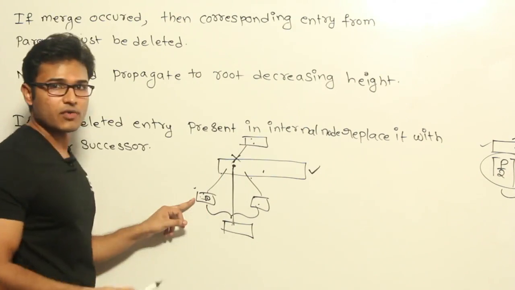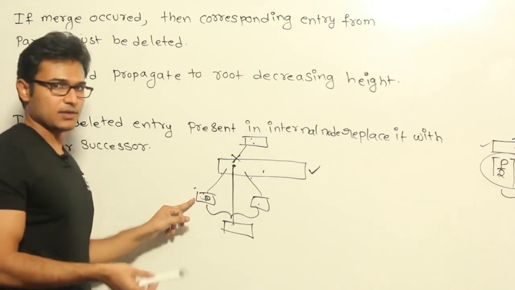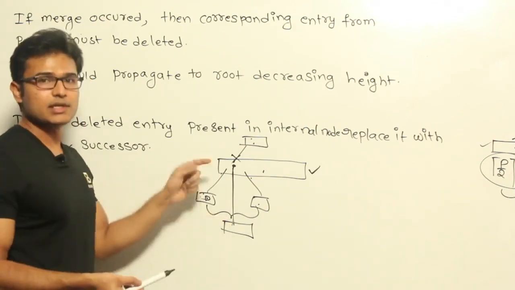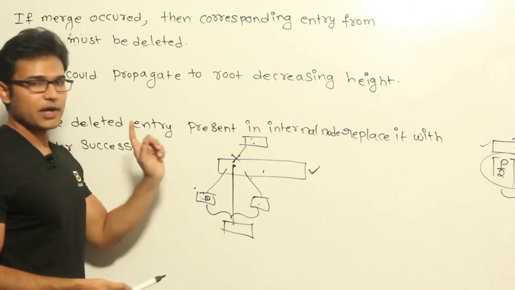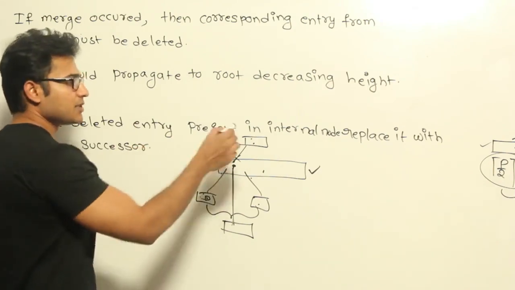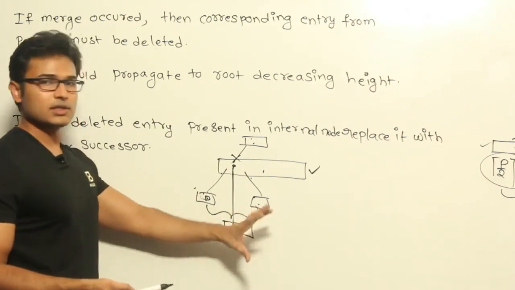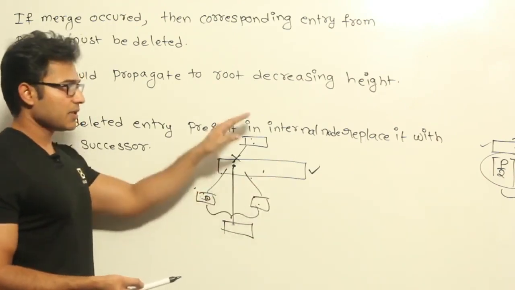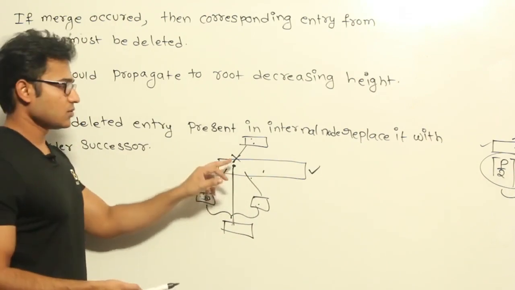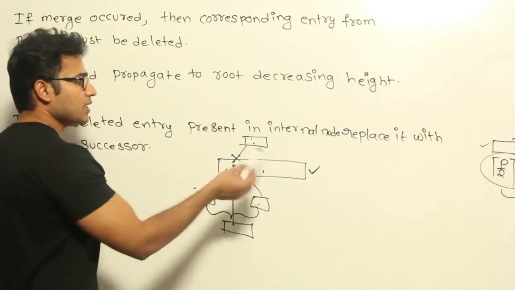It is not that you always find it. In case you find it, replace that particular entry. Why? Since it is not going to be there in the tree, it should not be present anywhere. Got it? So you have to replace it with the in-order successor.